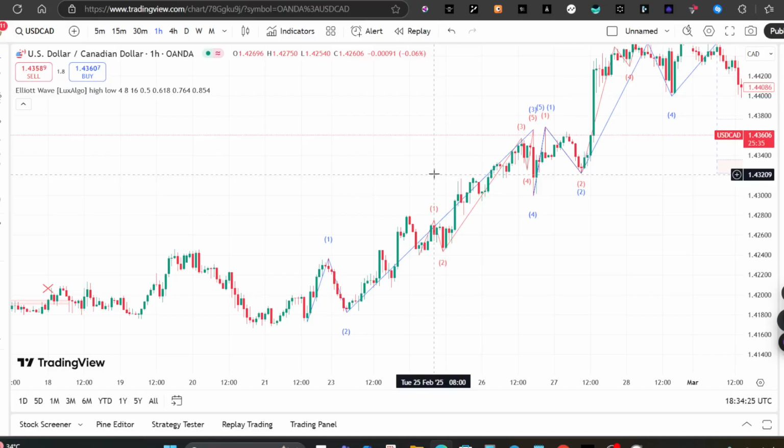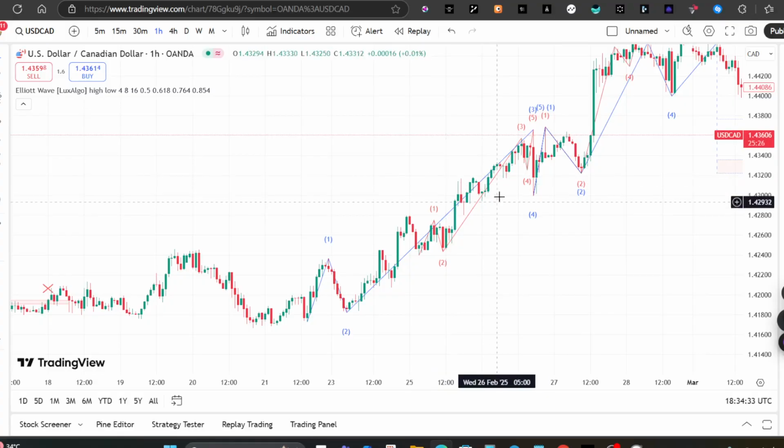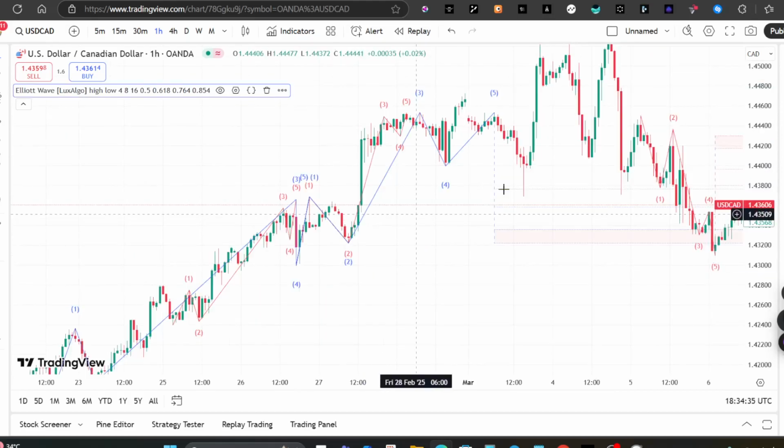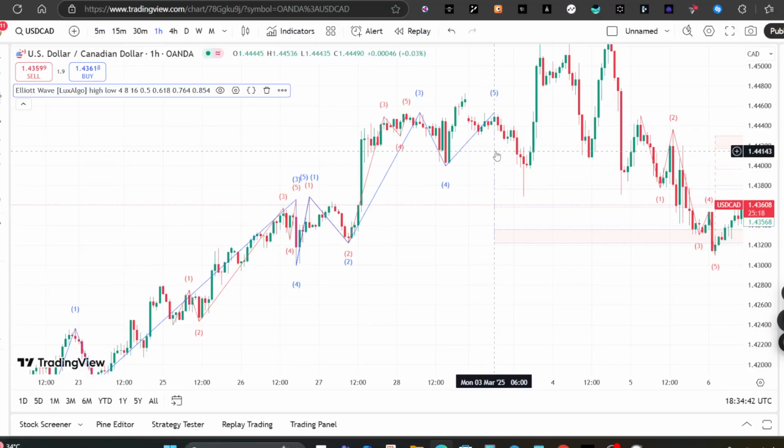So to recap, Elliott wave truncation is a subtle but crucial concept that every trader should be aware of. It happens when wave 5 fails to extend as expected, signaling that the market may be losing momentum or preparing for a reversal.